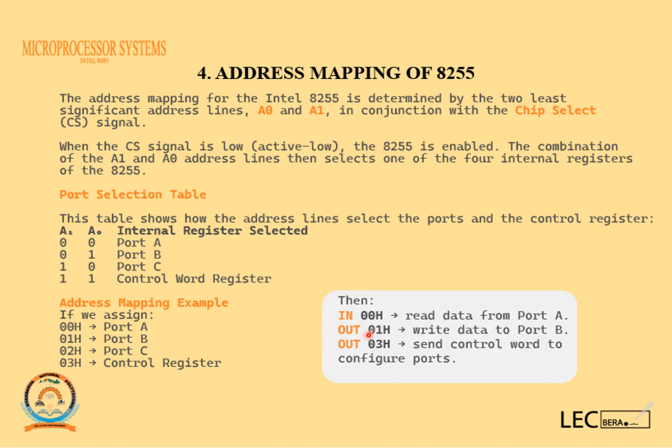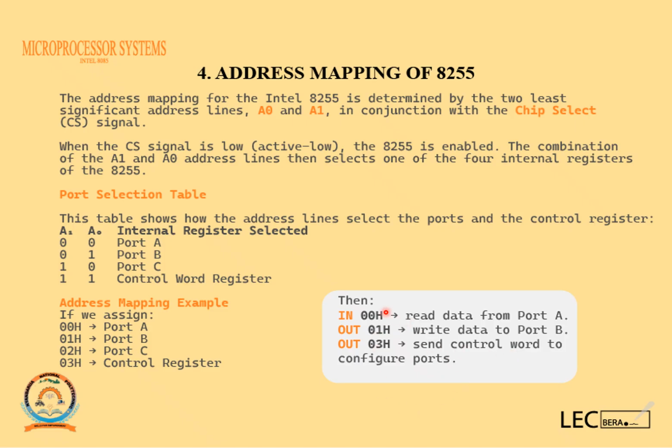OUT 01H: I'm writing data to the register which is connected to port B. If I use the instruction OUT 03H, I'm writing data to the register which is connected to the control word register. Yes, this is for configuration purposes.